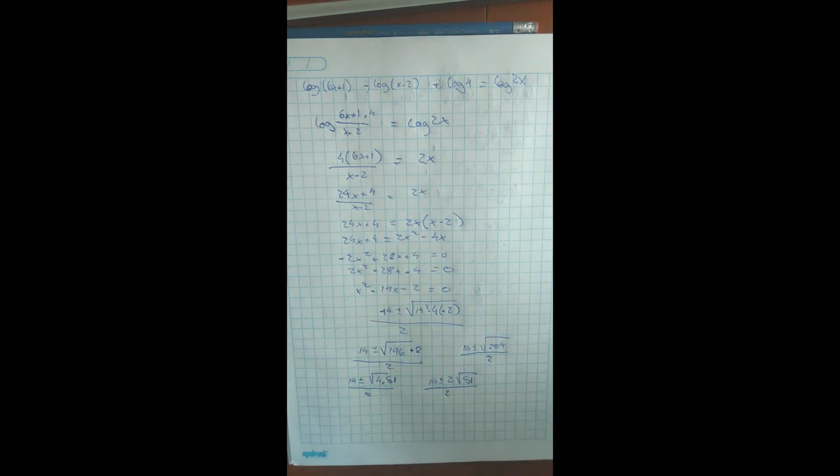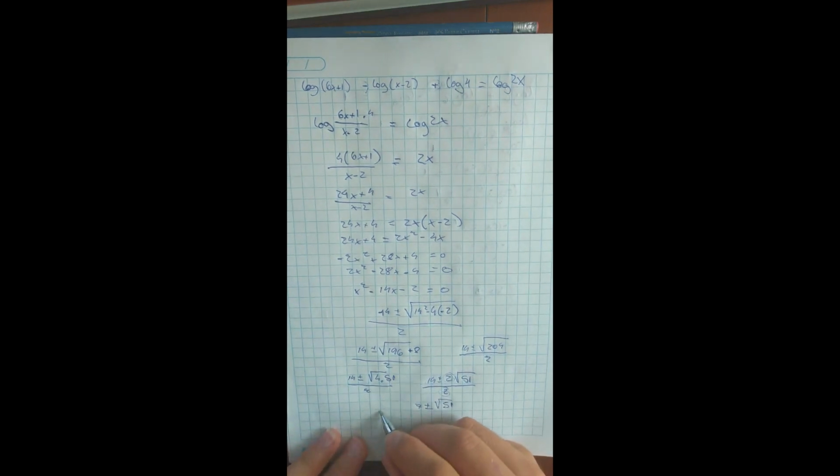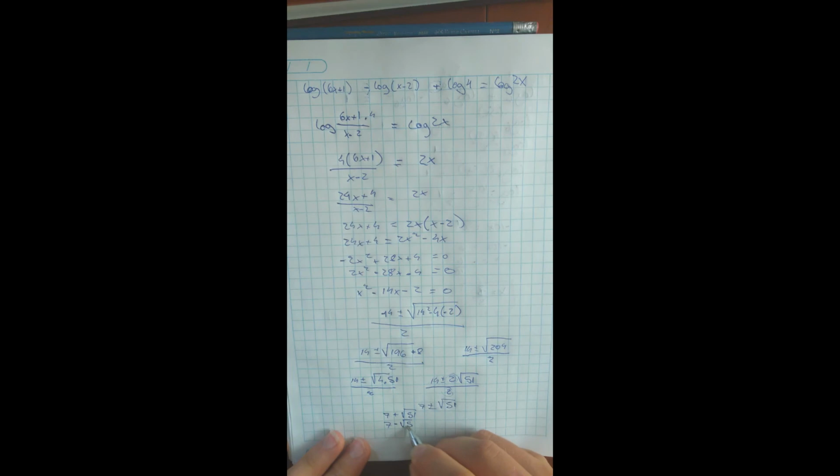So this will be almost our final answer. We just have to simplify this 2 with this 2 and this 14. So this will give us 7 plus minus square root of 51. So our answer will be 7 plus square root of 51 and 7 minus square root of 51.